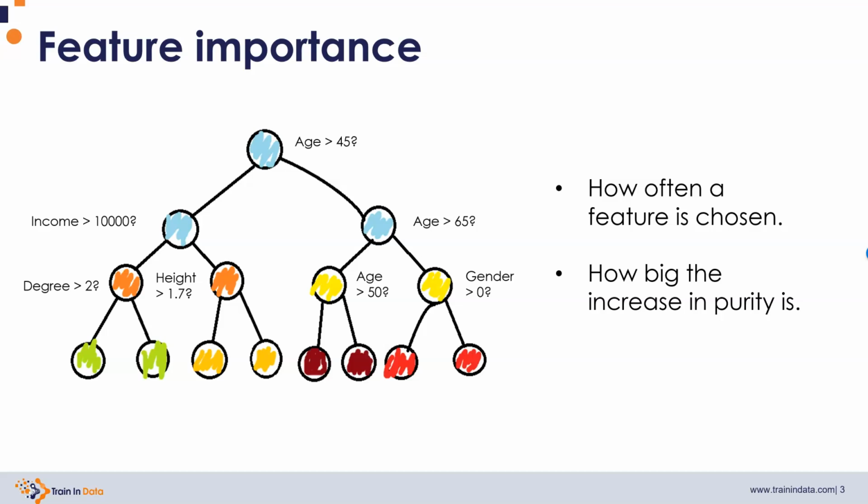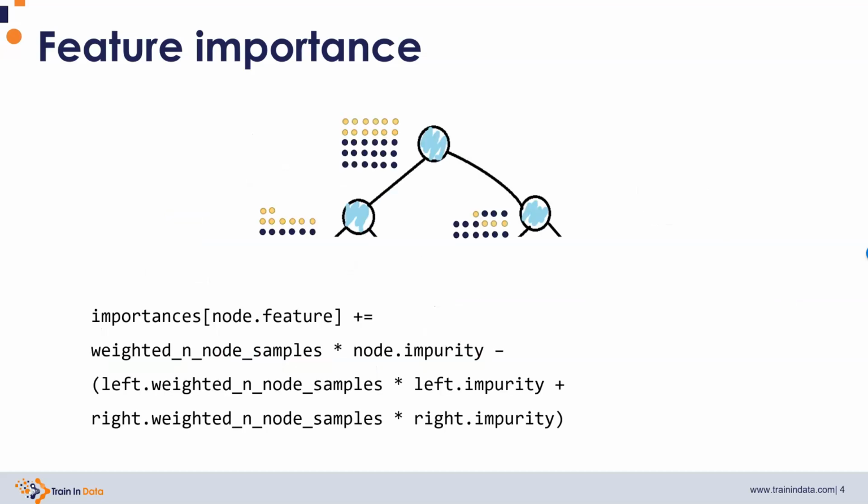But there is also a way to quantify this importance. And quantifying this importance consists in measuring the decrease of the impurity. So if we focus on one particular node, the data here has a certain impurity, which we're going to call node impurity.